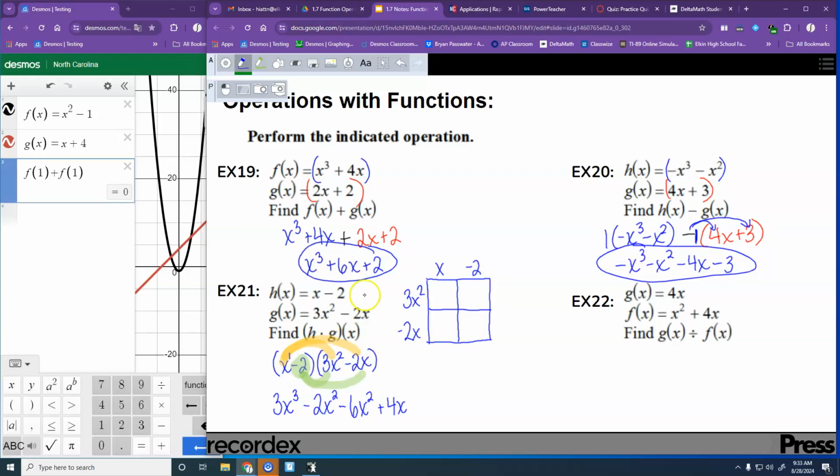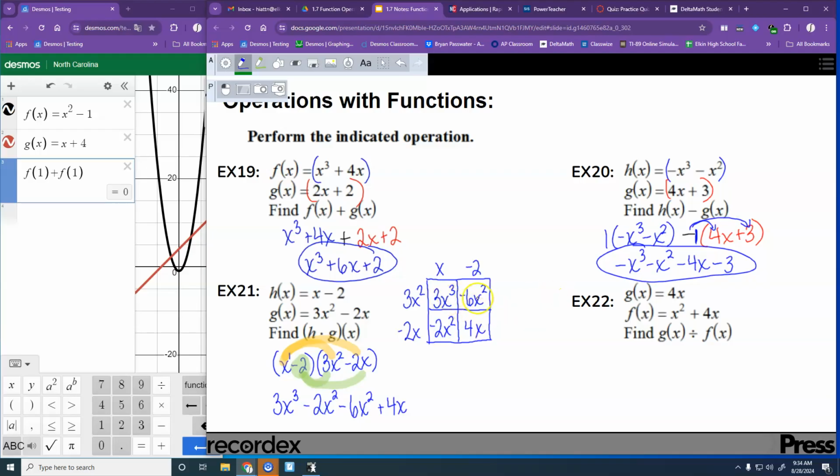So here you're doing the same thing. 3x squared times x gives you 3x cubed. Here, 3x squared times negative 2 gives you negative 6x squared. Here, negative 2x times x gives you negative 2x squared. And here, negative 2 times negative 2x is positive 4x.